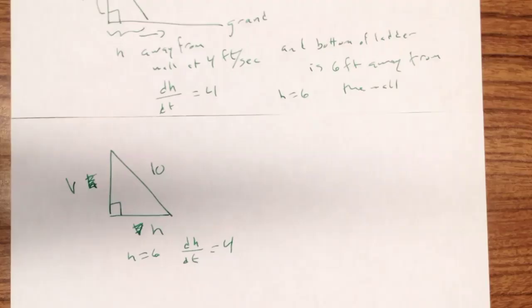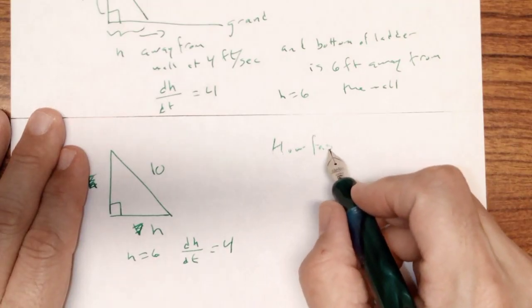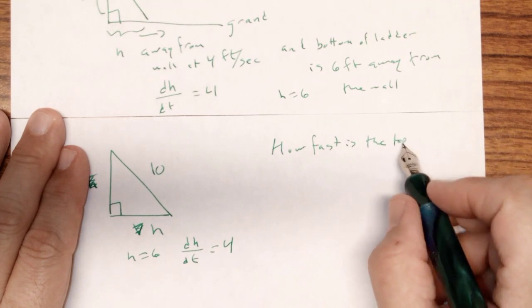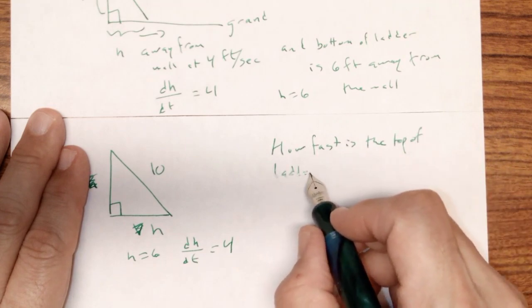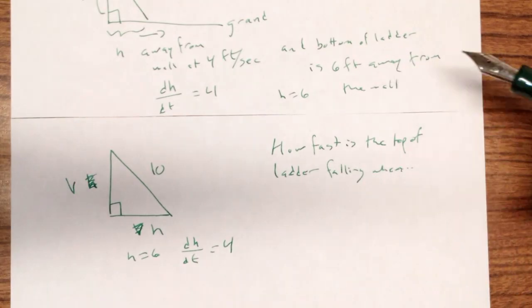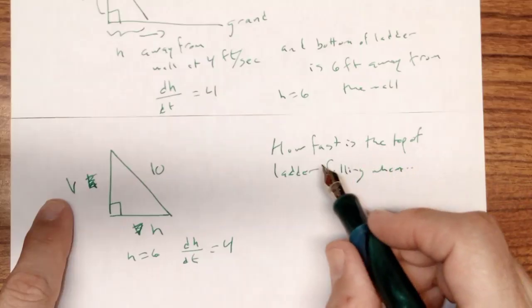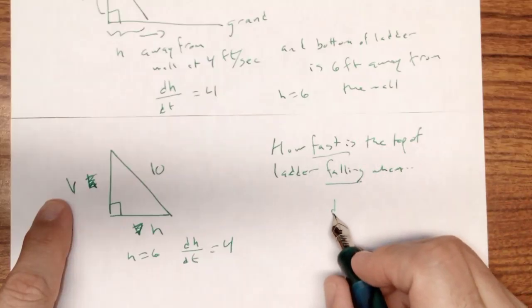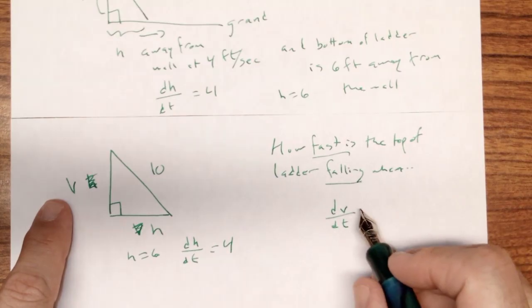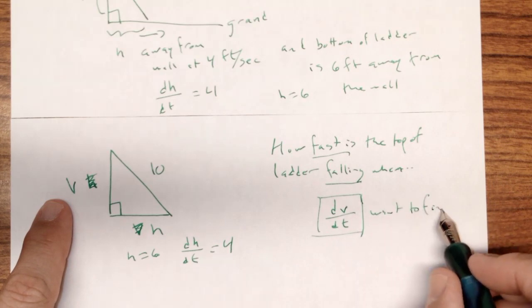We were asked to find how fast the top of the ladder is falling, when the bottom of the ladder is 6 feet away from the wall and it's moving at 4 feet per second. That's about this side. That's how fast it's falling, how fast it's changing. That's what I want to find.